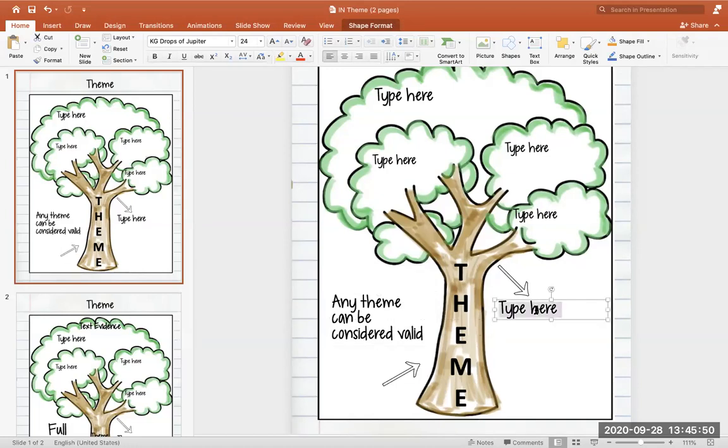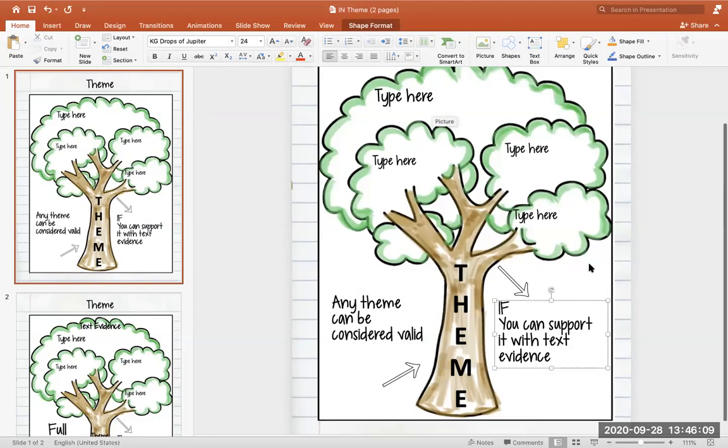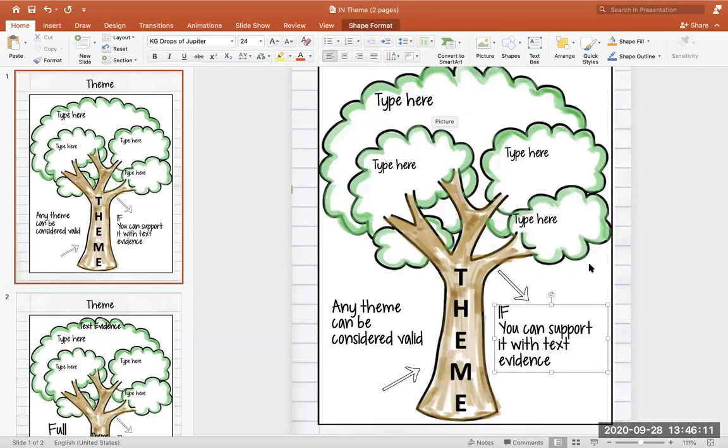And then the other part of that is what I said, if and only if you can support it with text evidence. Okay, and then everything we put up in the branches are all different parts of the definition of theme, and that's why we're using the tree.